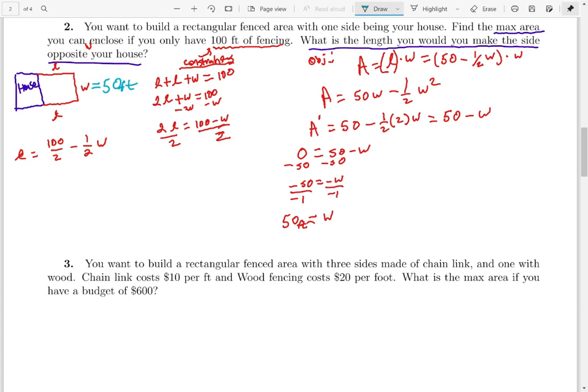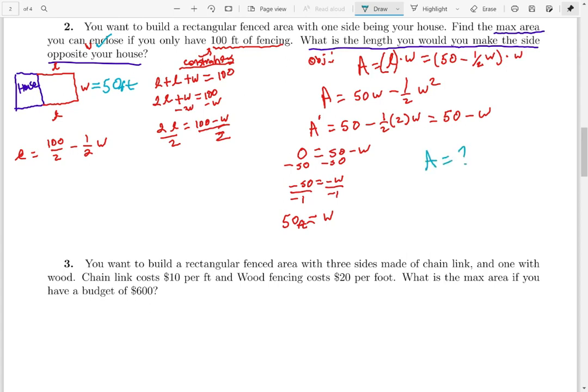Great. Okay, that's wonderful. So I've actually answered this question. Check. I know that the length opposite the house is 50 feet. Well then, they haven't asked for length in this problem, but I need to find length because I need to know specifically what the area is.